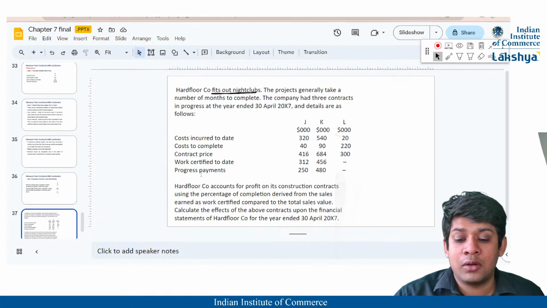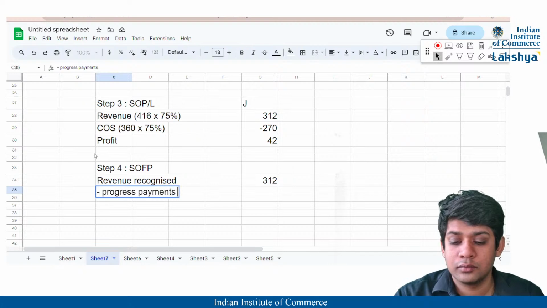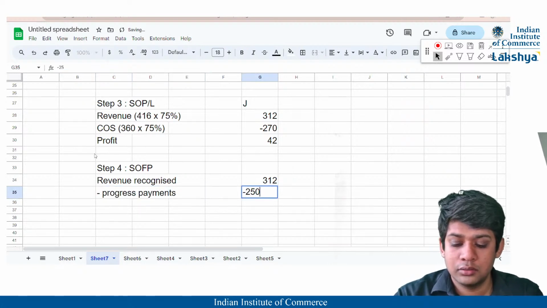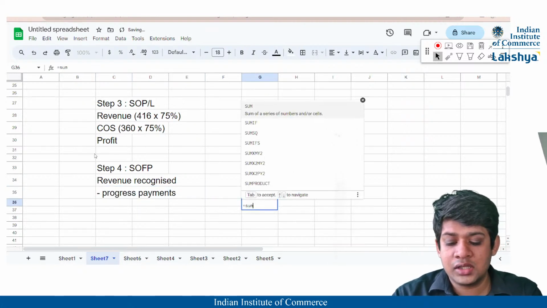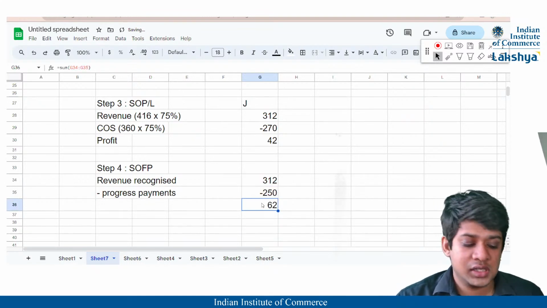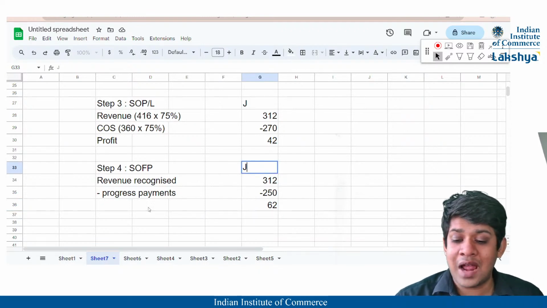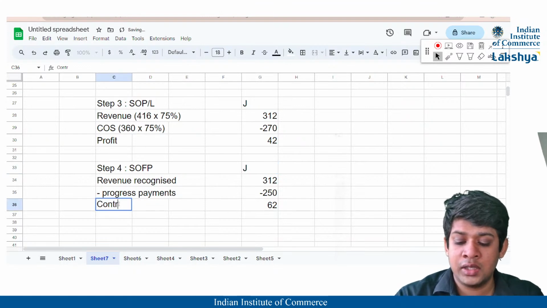So that will be progress payments of 250. That will give us a total value of 312 minus 250, which is 62. Okay. So I hope this part is clear to you all for J. So this will be the value of your contract asset within the statement of financial position.